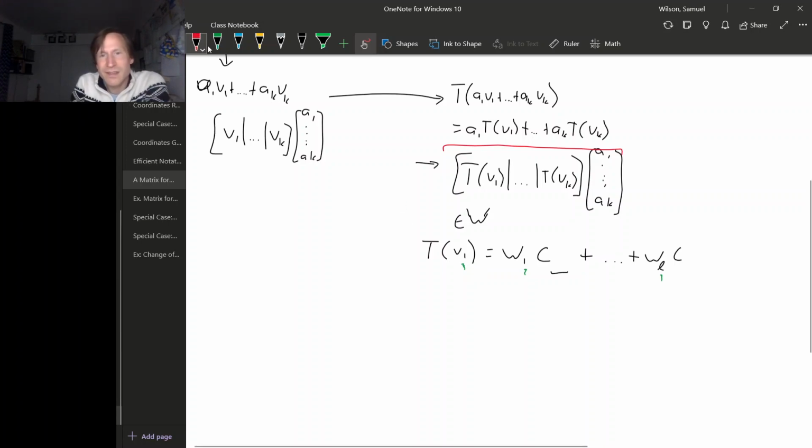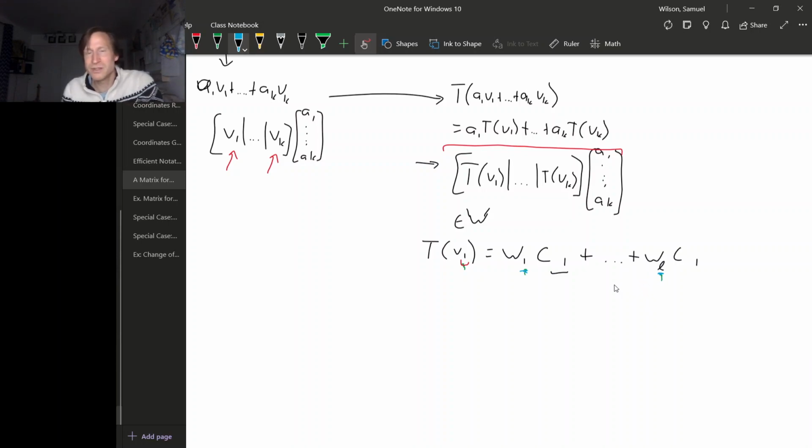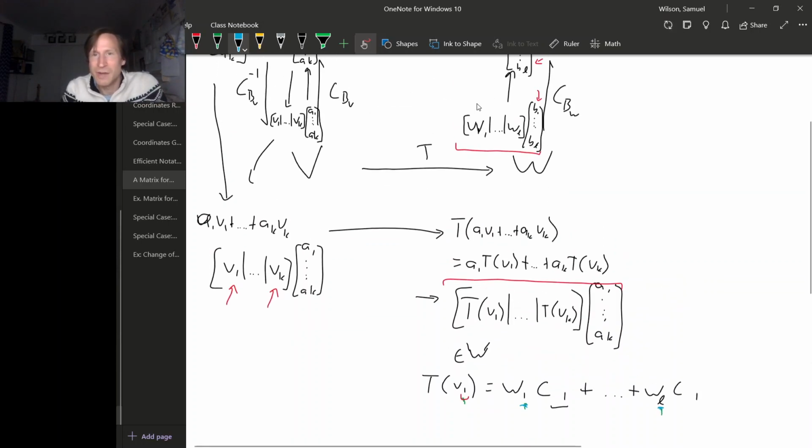Well, the subscript on V, that's acting like a column subscript, and you can tell that because look, here it is acting like a column subscript. So that means the column subscript for all of these C's should be 1. So like this. Now the subscript on W, which is going from 1 up to L, that's also a column subscript. You can tell because up here we have the subscript on W telling you what column you're on.